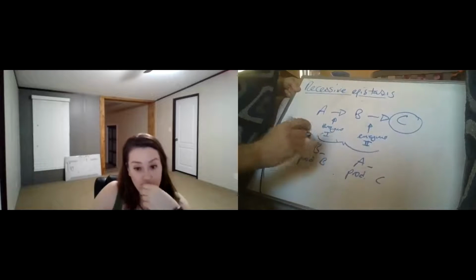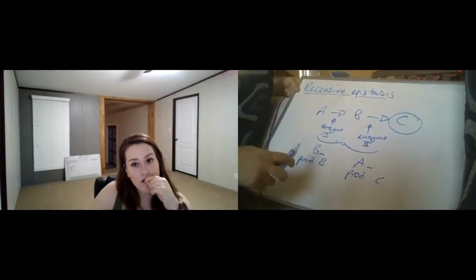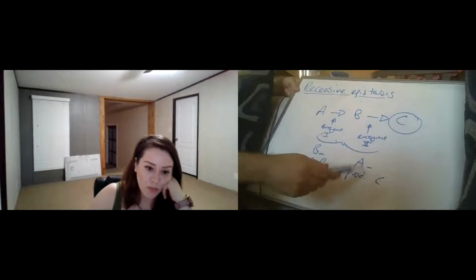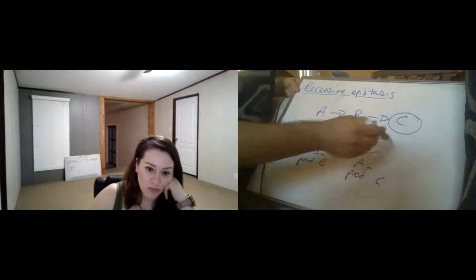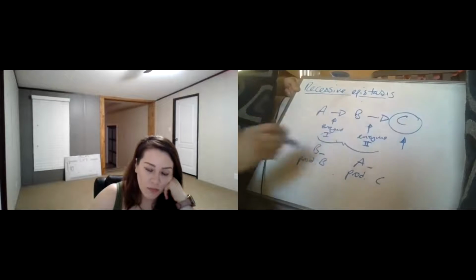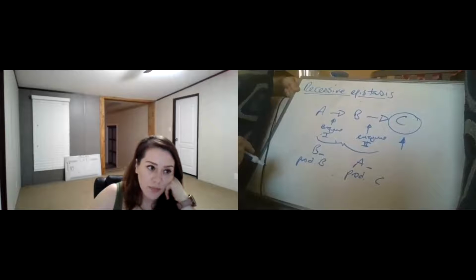This is a classic dominant, recessive trait. So enzyme 1 is all about producing B, enzyme 2 is all about producing C. The output of both of these together produces C.